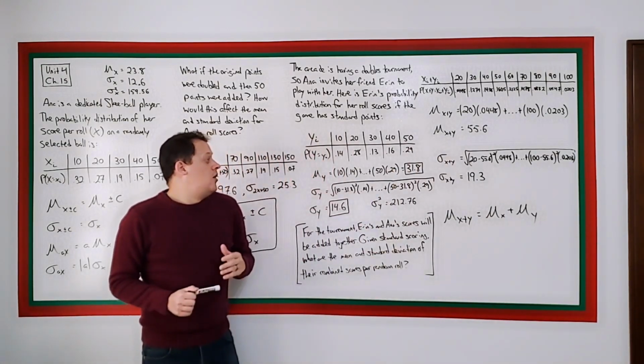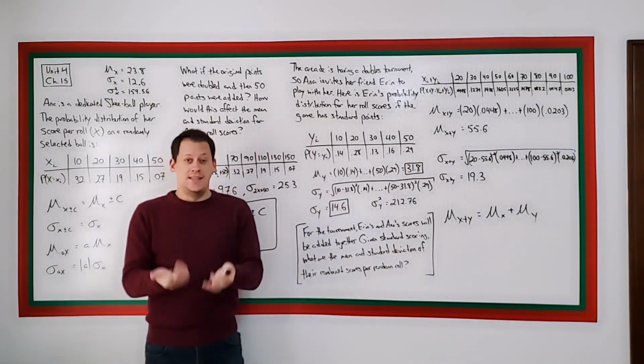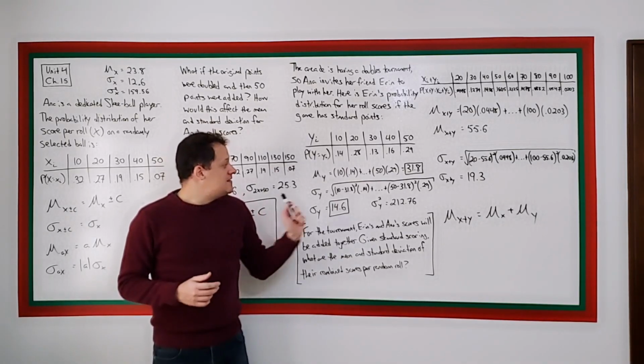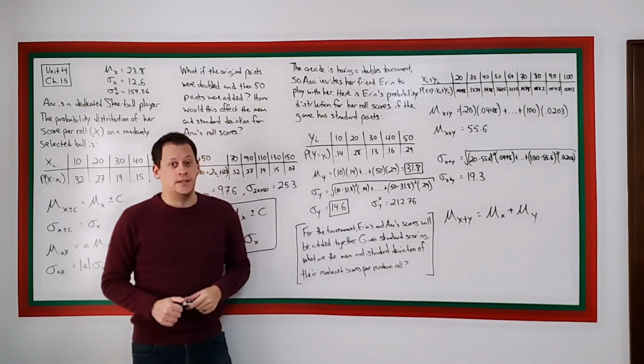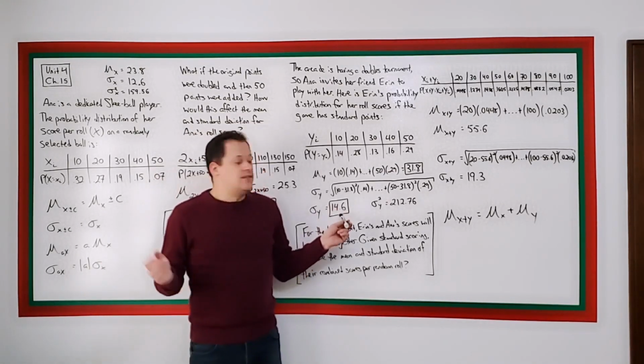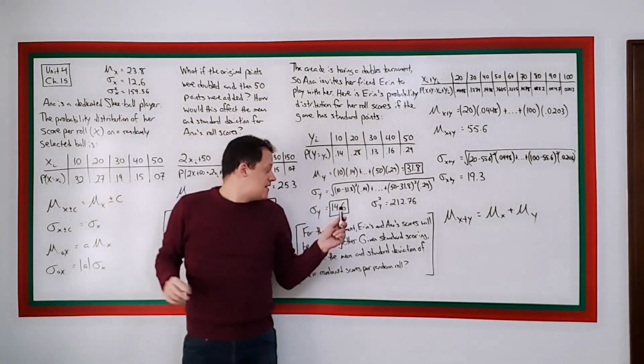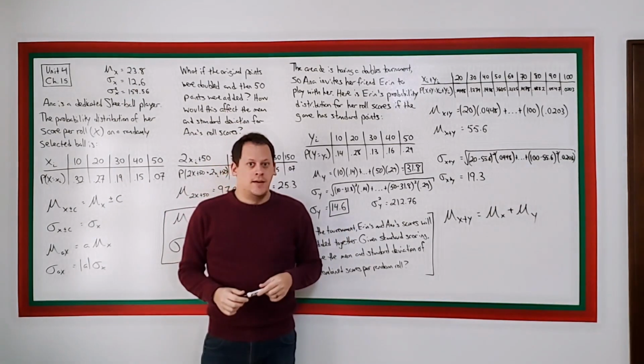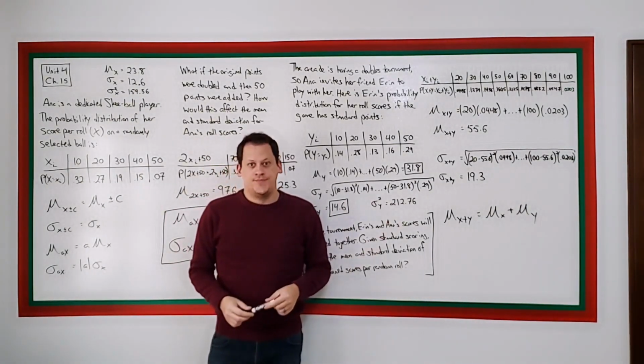Okay? For the standard deviation, if you tried to guess what it might be, I doubt you came up with 19.3. You may have thought, well, I'll just add the standard deviations together, 12.6 plus 14.6. But that's too big.